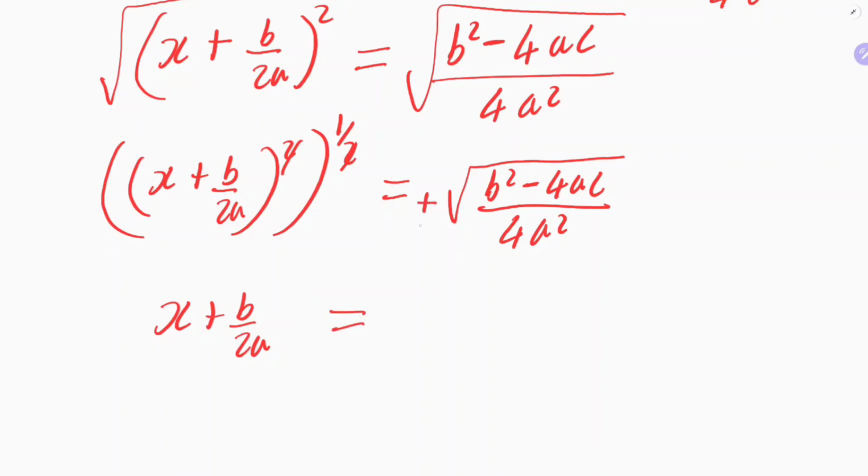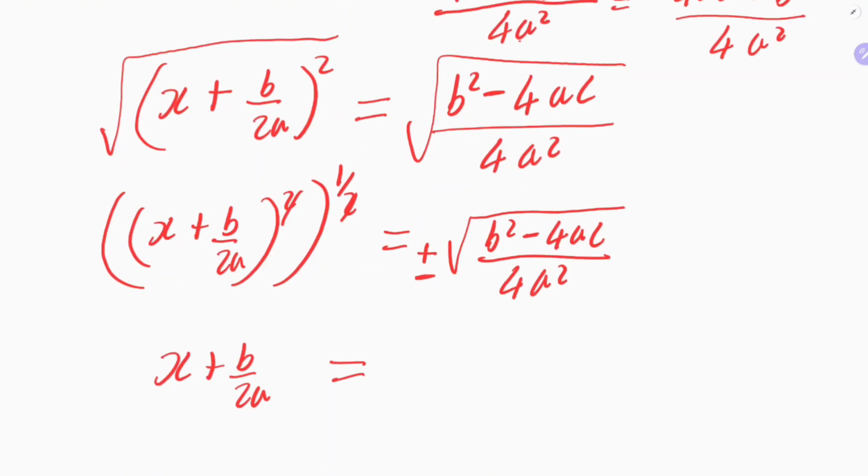remember I have to add plus or minus here since I'm square rooting the two sides, because for me to bring this equation back to the normal equation I have to square it. Remember, the square of a negative number is a positive number, whether x is negative 1 or 1.